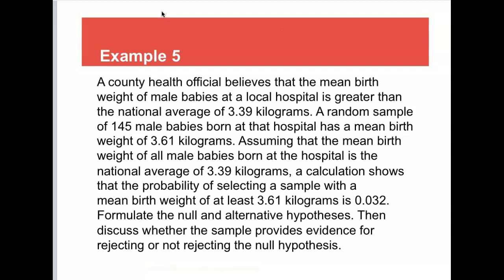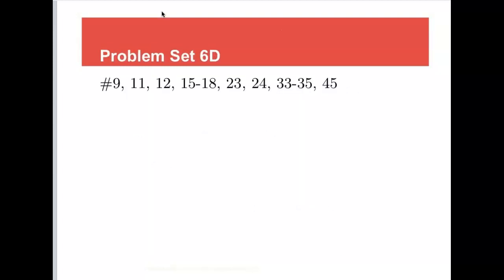Oh, I need this. All right, so sorry, mu is the mean birth weight in kilograms. The null hypothesis is that the mean birth weight is the same as the national, 3.39. The alternative, this nurse thinks they're heavier, so it's going to be mu is greater than that.